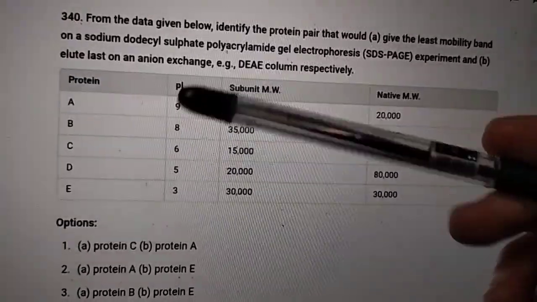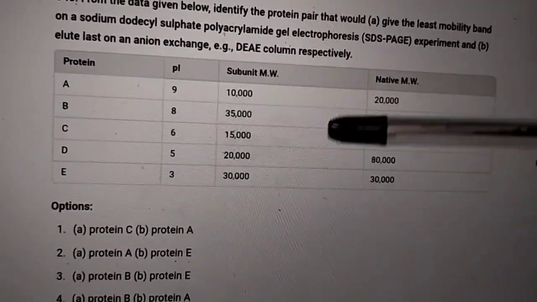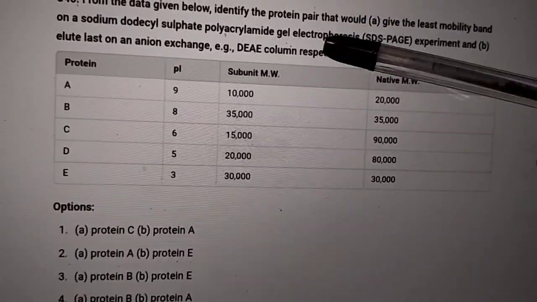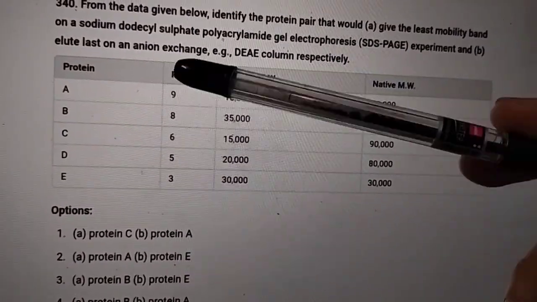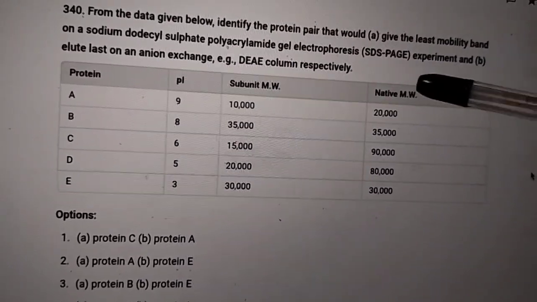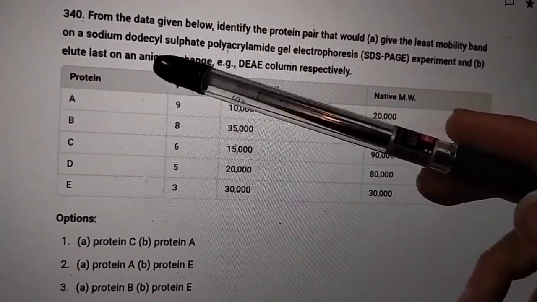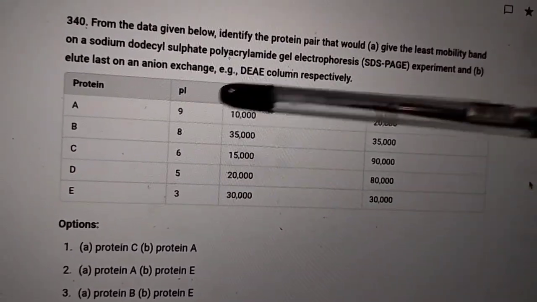With the same concept of pI and pH, like in the previous question, we can solve this one also. And we have to find which protein will have the least mobility, and also which will be eluted last in an anion exchange column.